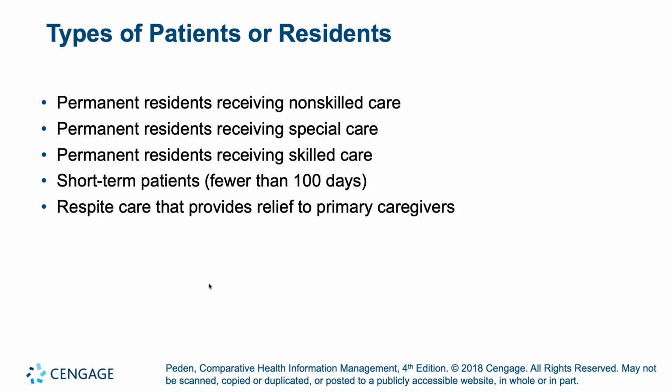So let's say someone is caring for an elderly family member in their home. There may be a need to put that elderly family member into a nursing home, whether that be ICF level of care or SNF level of care, for a few days to give the caregivers respite. So that's another example of the type of residency you would see.